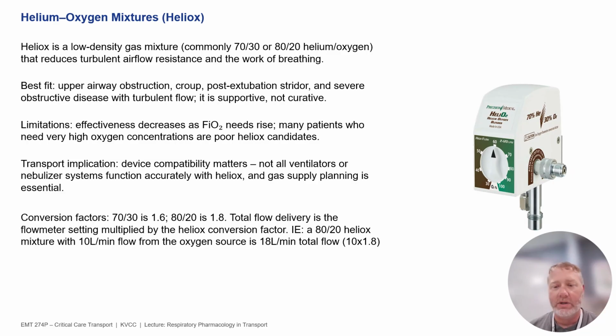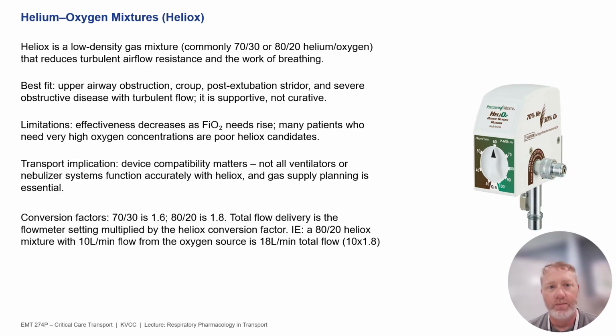So basically, it allows the oxygen to pass through places where it otherwise would have trouble in the upper airway, to more effectively deliver oxygen to the lungs and then the tissues. The oxygen binds to the helium very well, and the helium just kind of takes it with it.